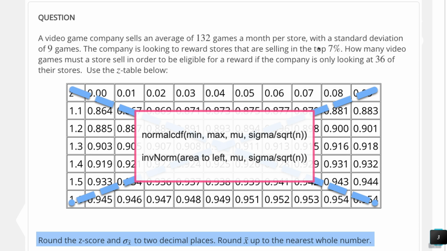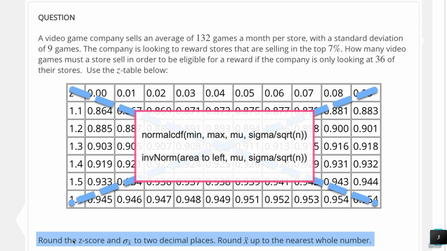If the company is only looking at 36 of their stores, so 36 is our sample size. When we divide by the square root of n, that's going to be our 36. And of course 132 is going to be our mu, and then our area to the left is going to be, this is the right, and so it's going to be the complement of this 7%, or 93% in other words.